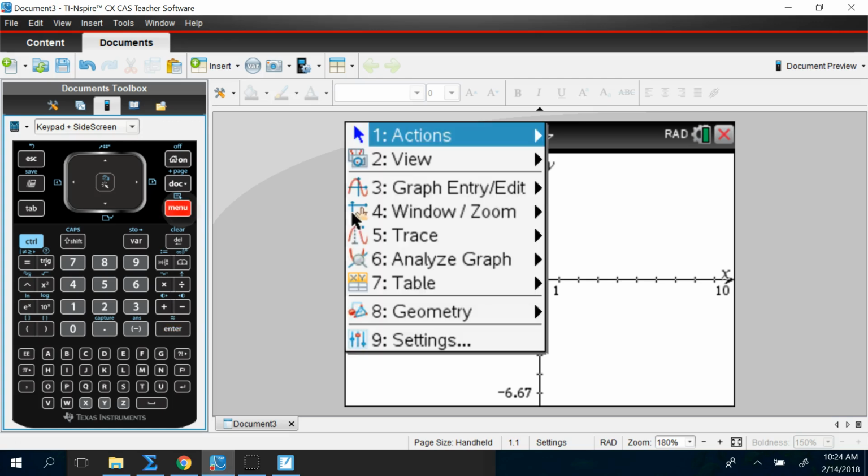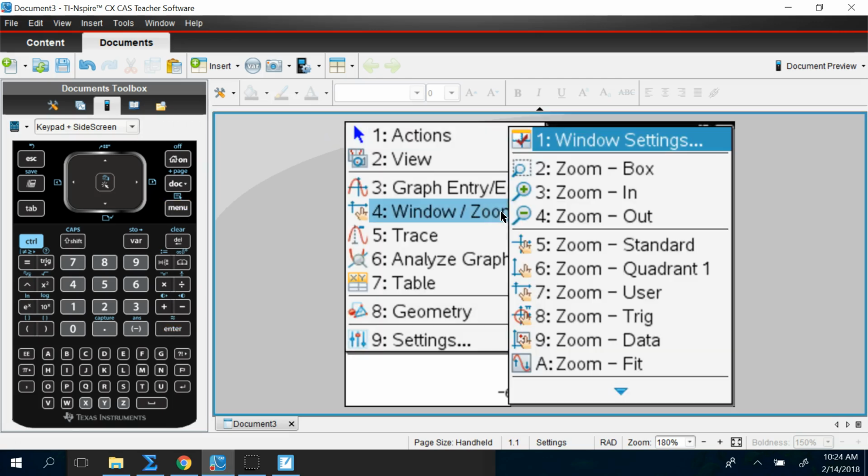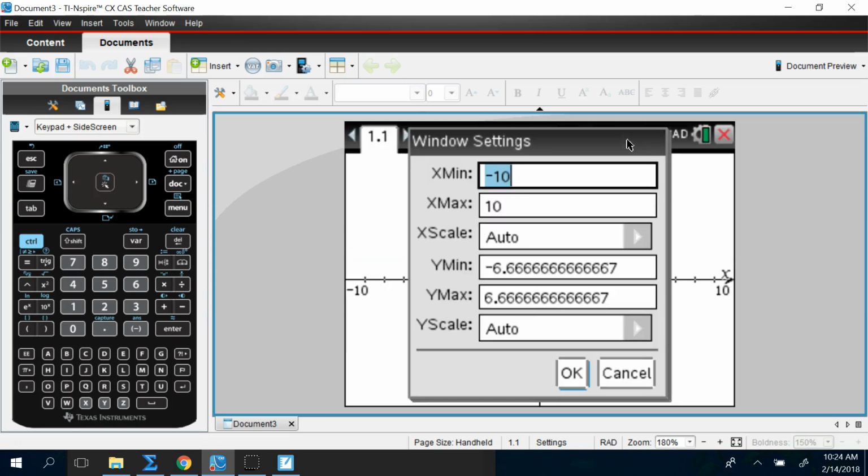Okay? So let's go into my menu, and let's go into my window. Now, I'm going to walk you through how I come up with the different windows that we look at. I need to go 60 in both directions to get to the edge of my Ferris wheel.